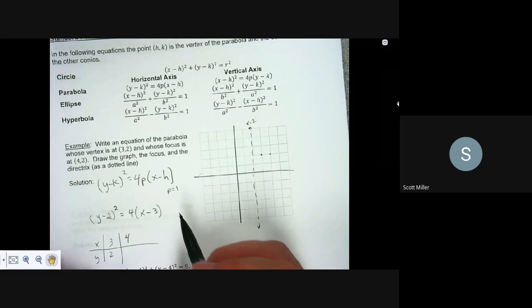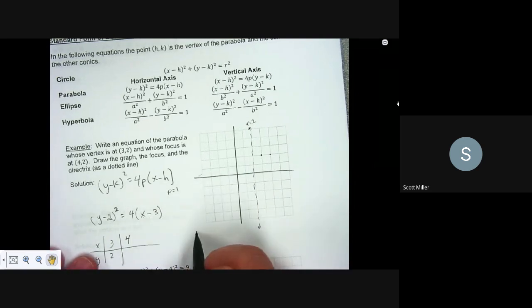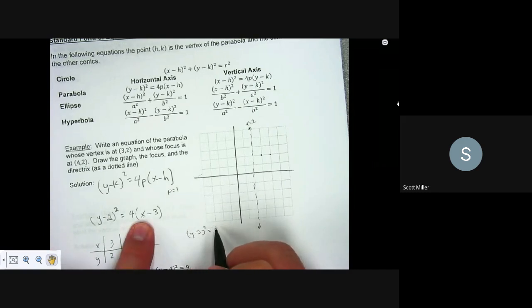And we can actually use this equation to find some more of the values and such. We know that the vertex is at 3, 2, and so we can come here, we know it's going to go to the right. Let's see what happens at 4. If I plug in 4 over here, then I get y minus 2 squared equals 4 times 1, or just 4.